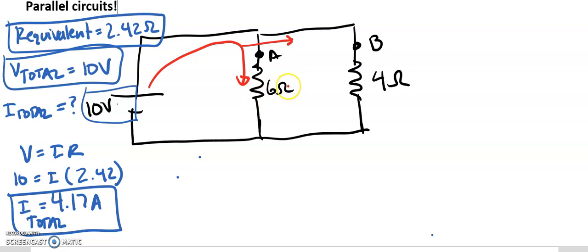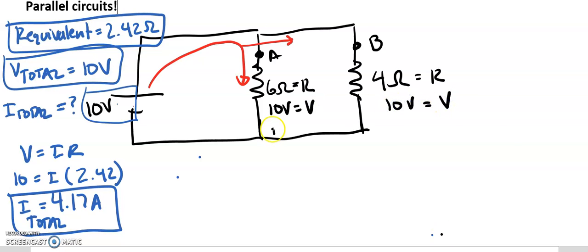So both the 6 ohm resistor and the 4 ohm resistor will get the same total voltage of 10 volts, which is the total voltage. So let's go ahead and use that. So I know the resistance for each of them. I'm going to go ahead and write down, so the voltage is 10 volts for each of them.